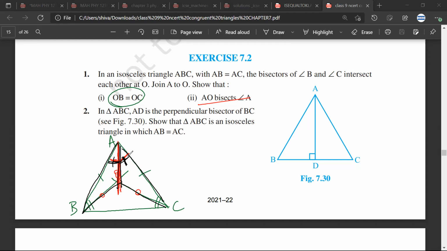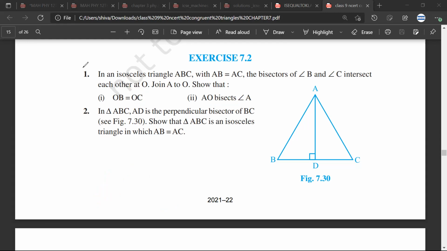So have you understood the properties of isosceles triangles? Yes, sir. So these are a bit difficult questions, but these are very good questions to practice congruency. Sarthak, any doubt in this question? No, sir.